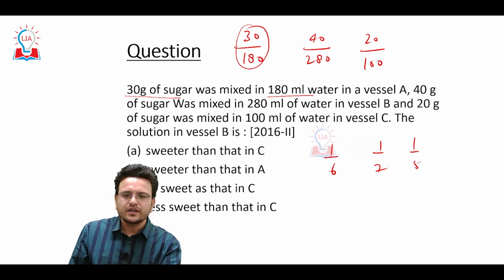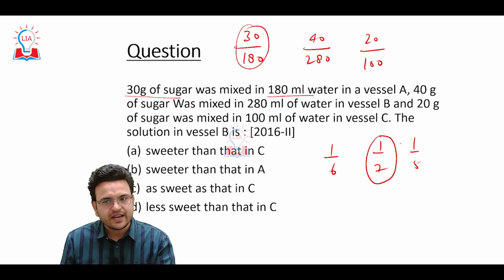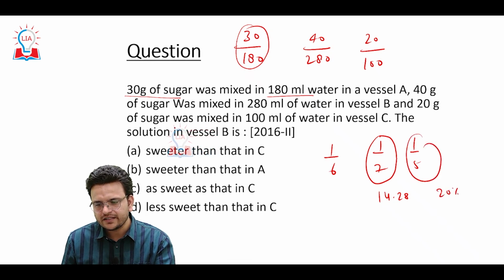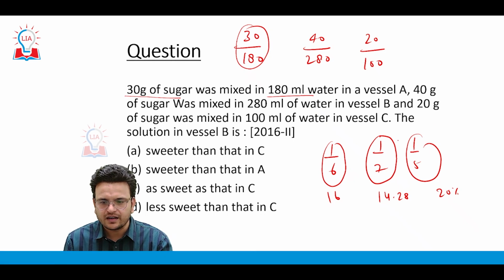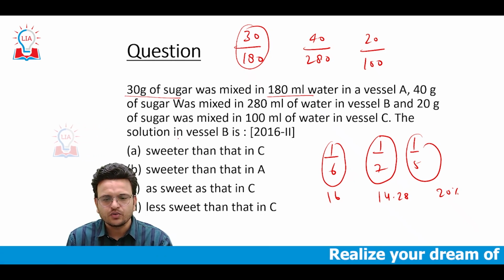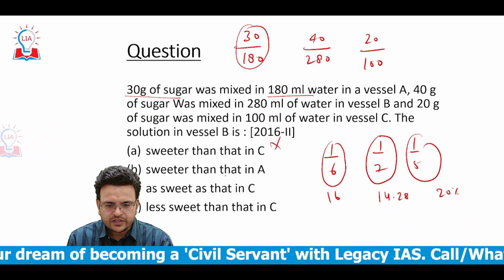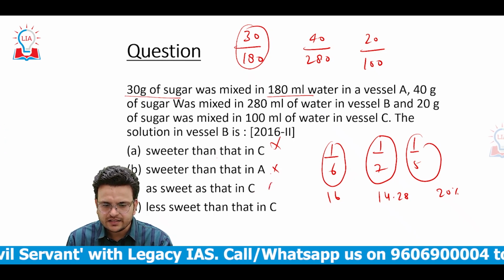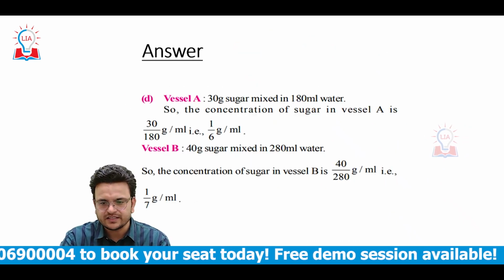So here, the solution in vessel B has very little sugar, it comes around 14.28%, the other will come around 20%, and the third around 16 something. So which is sweetest? I can say that it is vessel C. So the solution in vessel B is sweeter than A, no; as sweet as C, no; less sweet than C. The answer will be D. So by the percentage method this question becomes very easy.